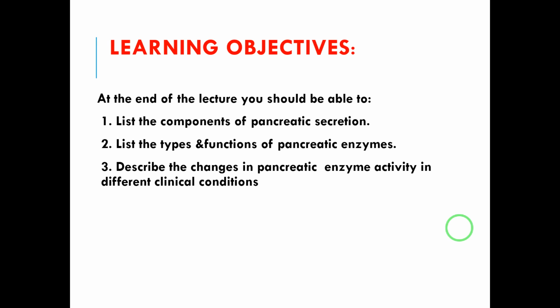In addition, we will describe how we can use these pancreatic enzymes as a marker of disease, since their activity will change in disease of the pancreas. So we can correlate clinically between the change in the level of these enzymes and the disease state of the pancreas.